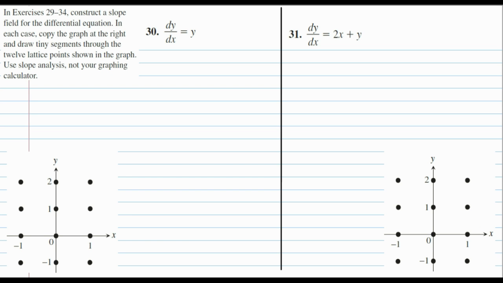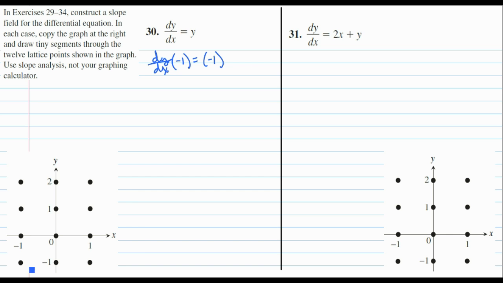Now I quickly want to show you an example with y's in it, because it can get a little bit different. In this case, number 30, the derivative is always equal to the y coordinate. So what that means is if y is -1, then the slope is -1.